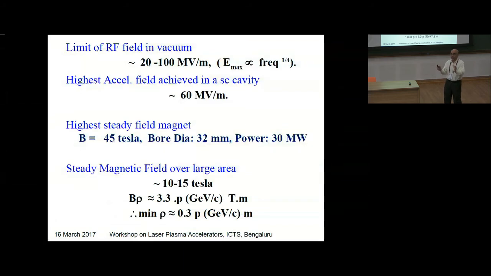So in the vacuum system, you keep this cavity, which is made of niobium. Now, as the field increases to 100 megavolt per meter, the field at the surface crosses the value of the work function of the electrons on the surface of the metal. So the electrons just get pulled out.